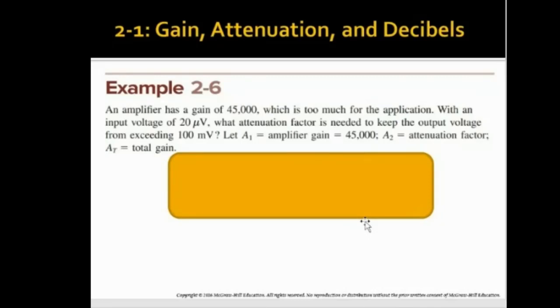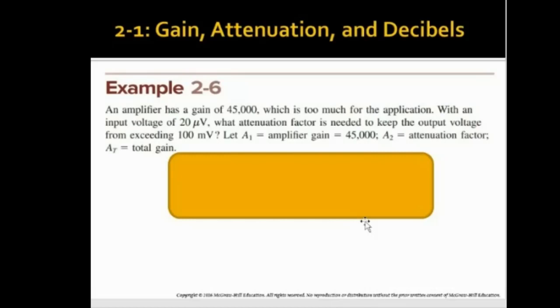Our input is 20 microvolts, but we have only an amplifier of 45,000. So let's say there are no other amplifiers available. What attenuation do we need to put in this system to make sure the output does not exceed 100 millivolts?